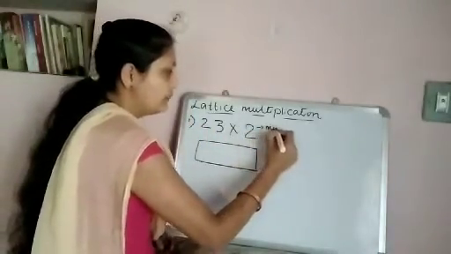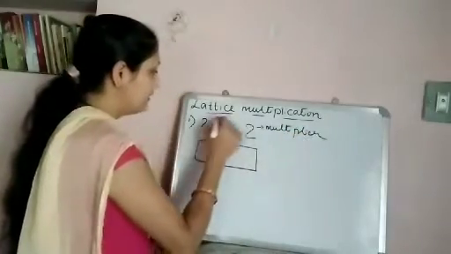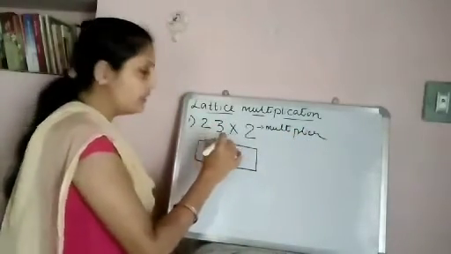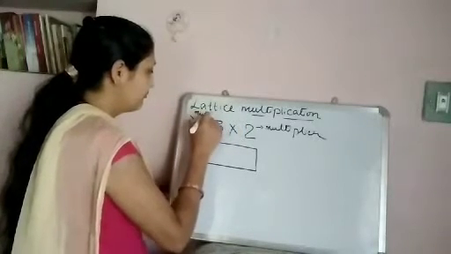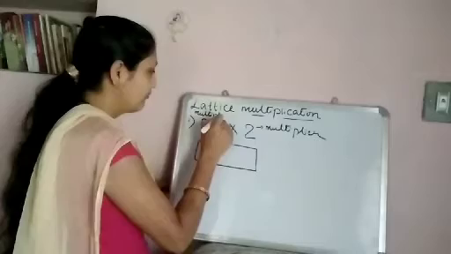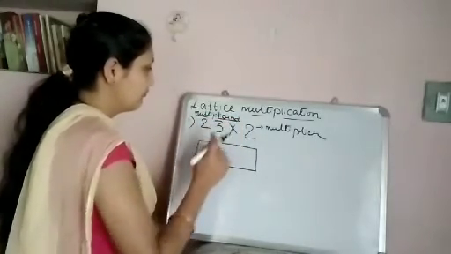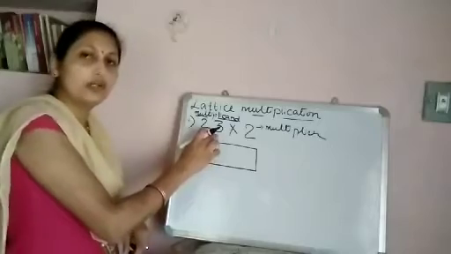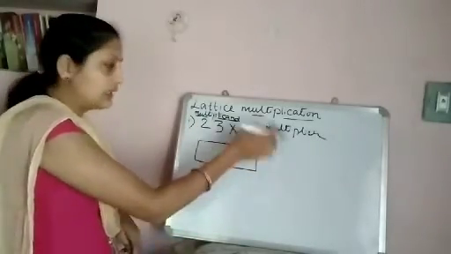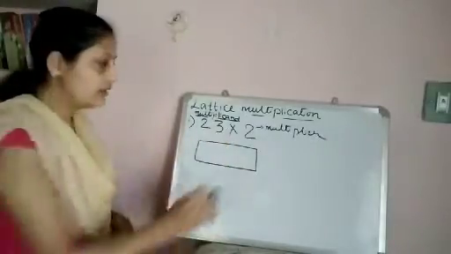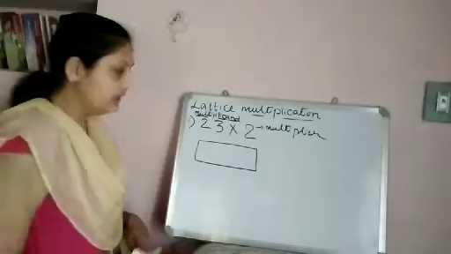This is the multiplier and 23 is the multiplicand. This is the number we are going to multiply and this is the number that will be multiplied to this one.